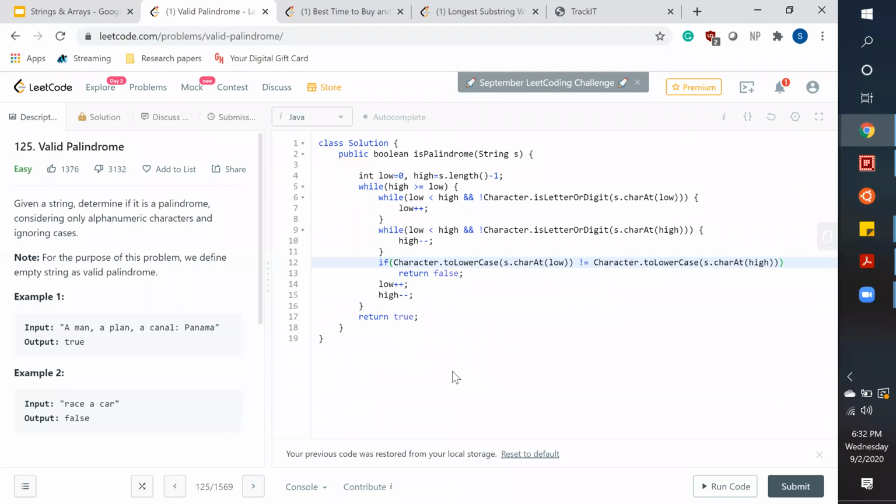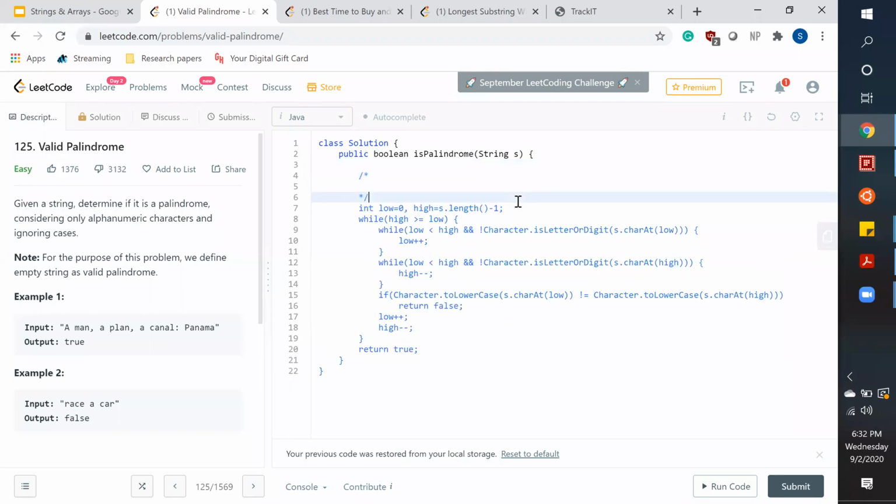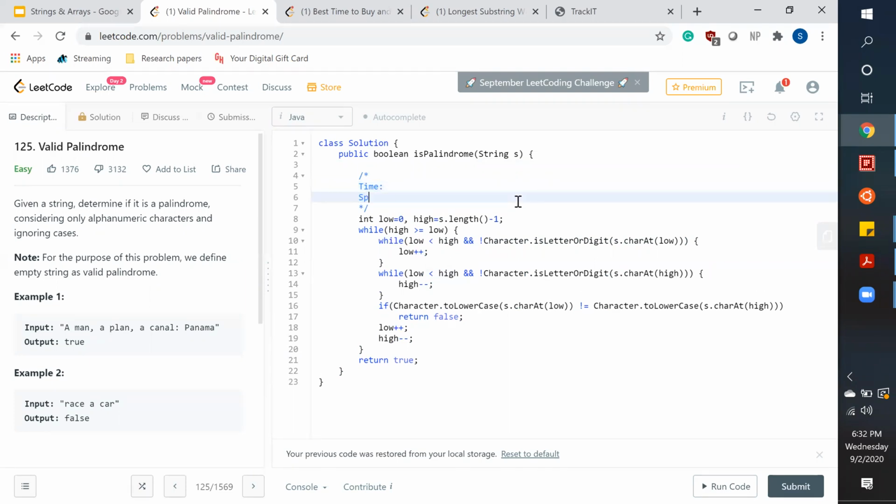Can we discuss the time and space complexity of this code? O of n for time or space? Which one are you guys answering? Time. Okay.